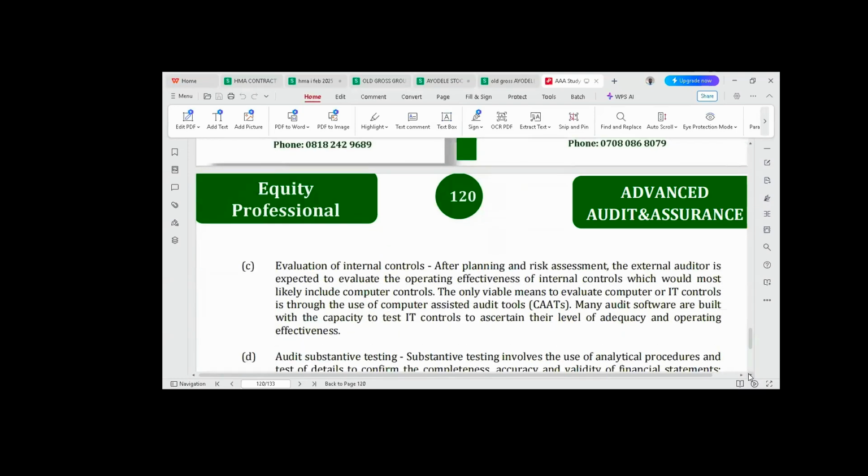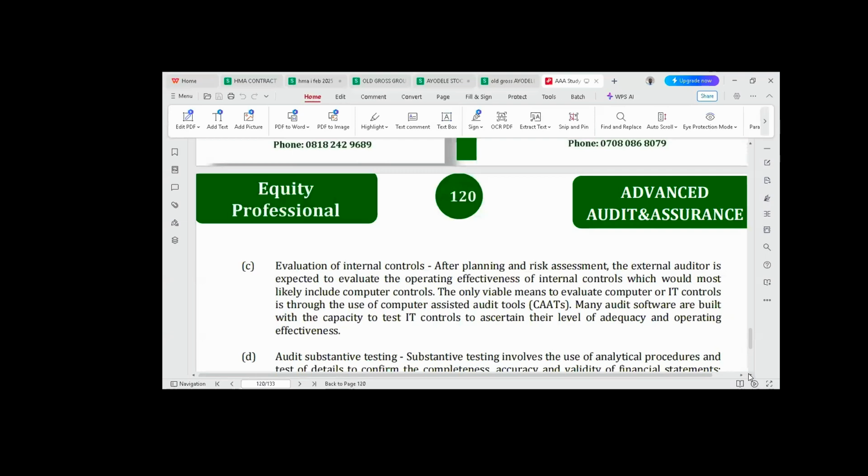The third aspect in which IT has impacted the audit environment is evaluation of internal control. All right. Now, remember that we have looked at computer-assisted audit techniques when we talked about audit software and test data. These two parts are the media in which the auditor will assess or evaluate the effectiveness and efficiency of the client's internal control system.